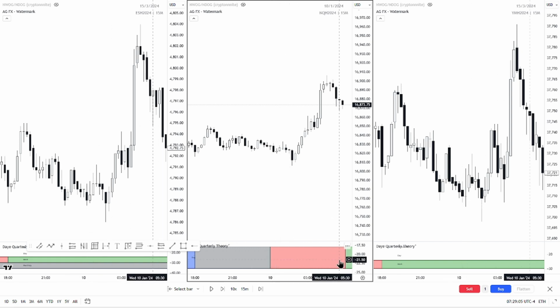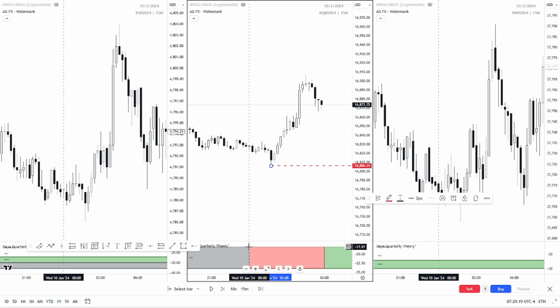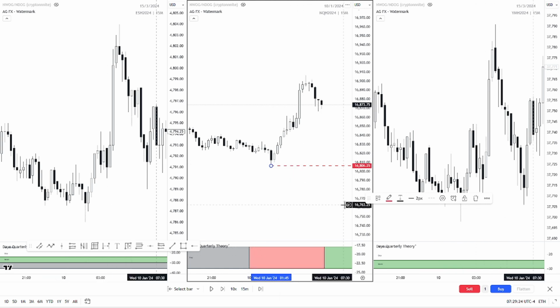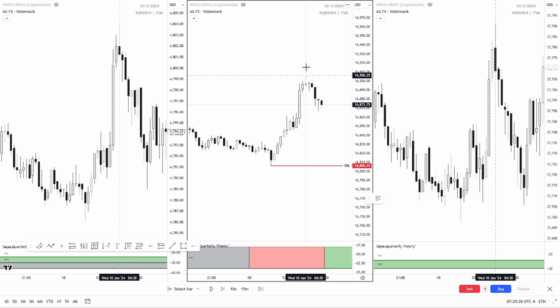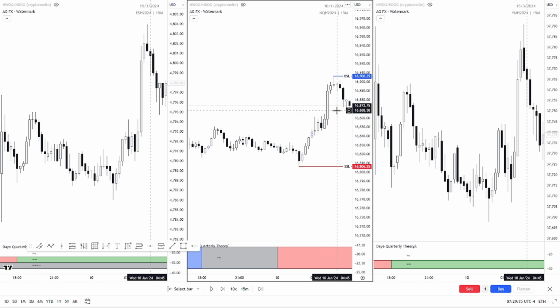The green box represents the New York session. We mark the low within this red box, that is our sell side liquidity or SSL, and then we mark out the high, which is our buy side liquidity or BSL. Now do the same for the other assets as well.